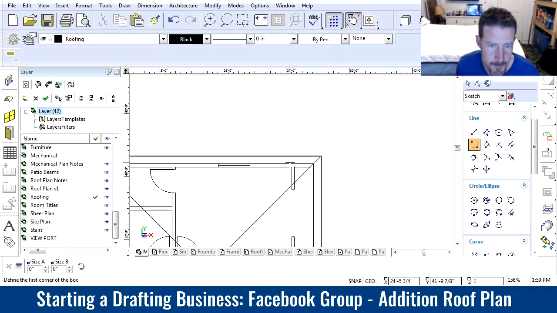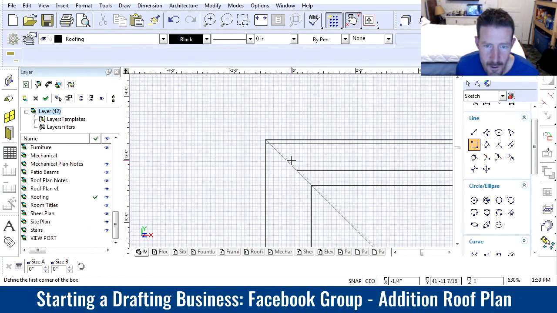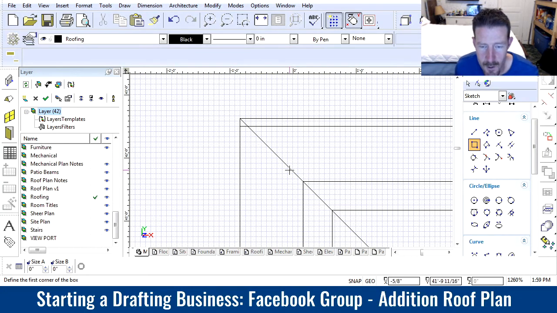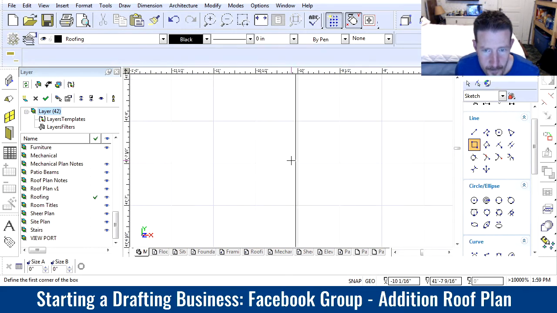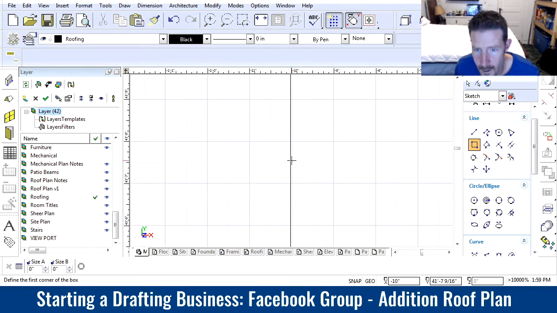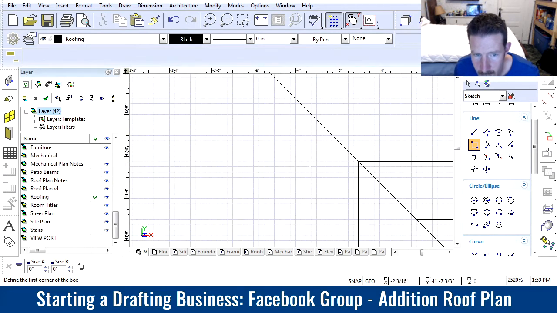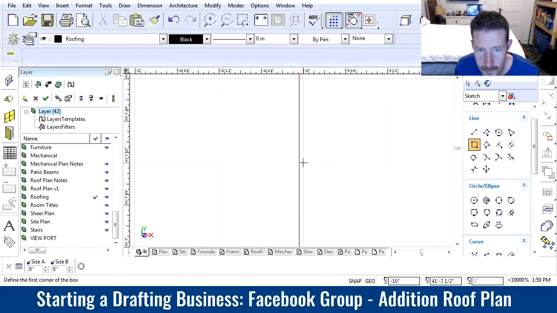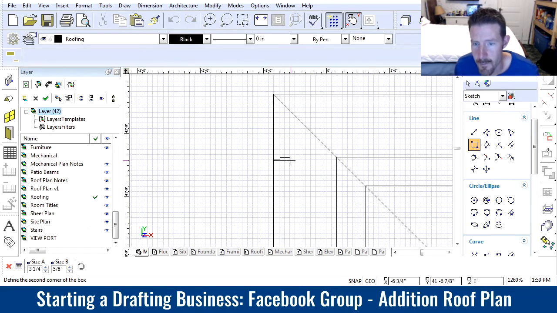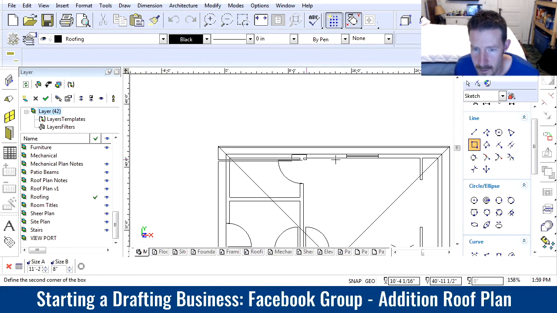Okay. Now, our trusses are going to do a similar thing. We're going to come from here. This should end at, should be right here. Now, sometimes I'll do that.